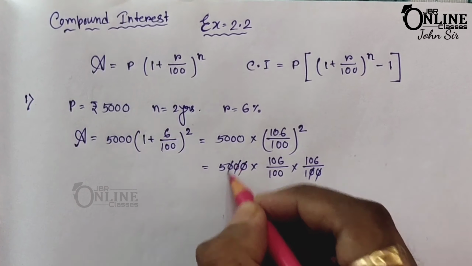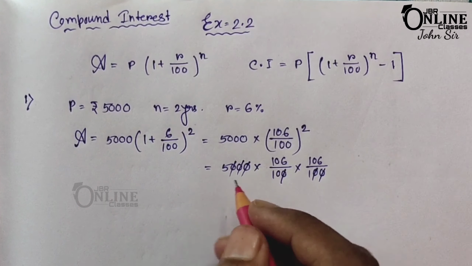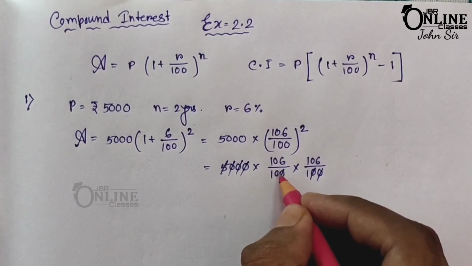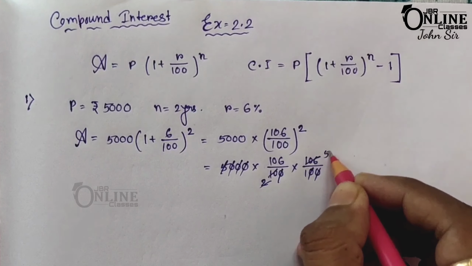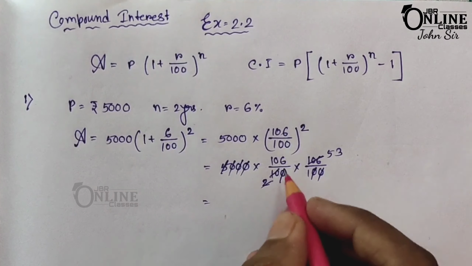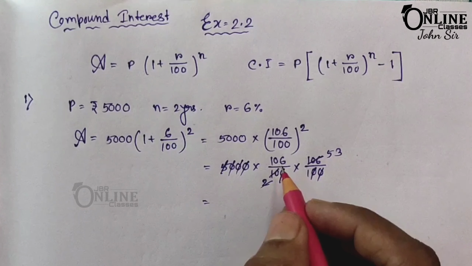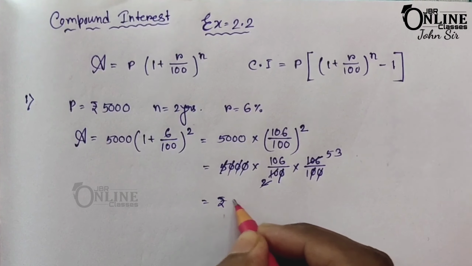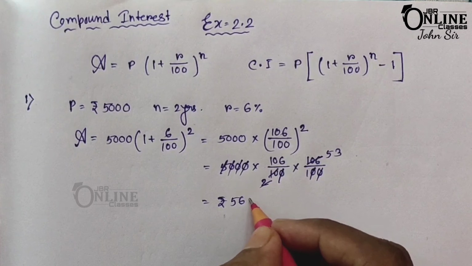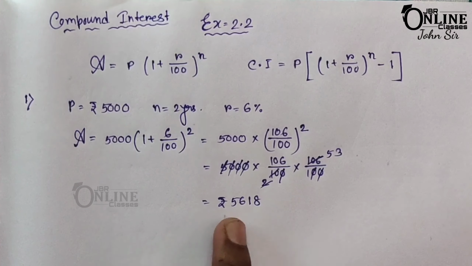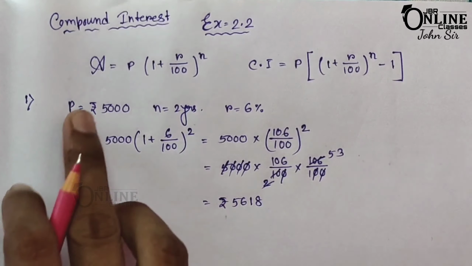So the zeros cancel out. Here 5 2s are 10, and here 5 and again 3. So 53 into 106. Clear? So that equals rupees 5618.